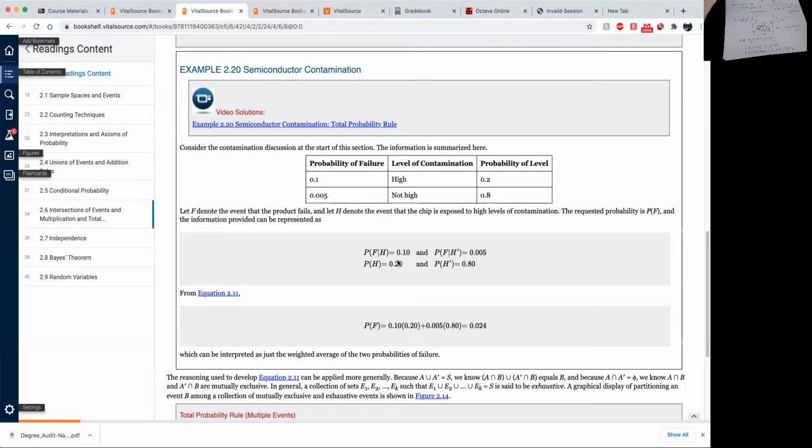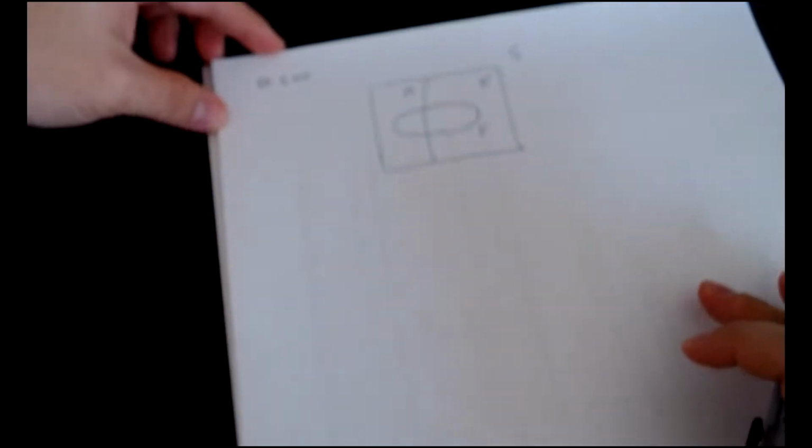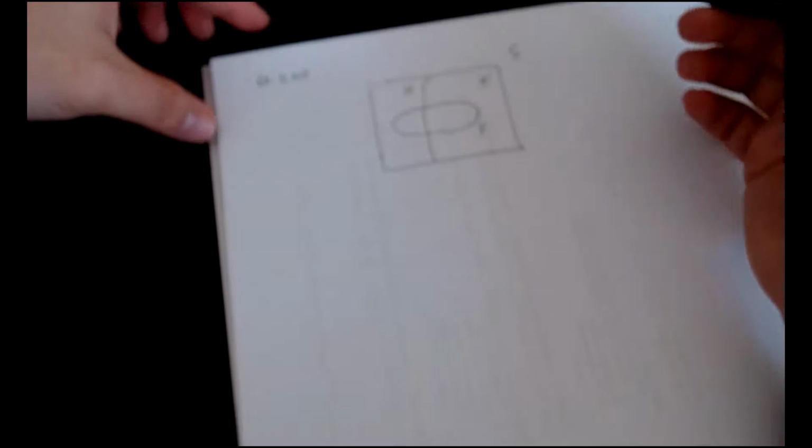Let's figure out why, how come we get these probabilities from the table, by drawing Venn diagrams. Give me a second. Right, I was drawing the Venn diagram representing all the probabilities of events in the table.